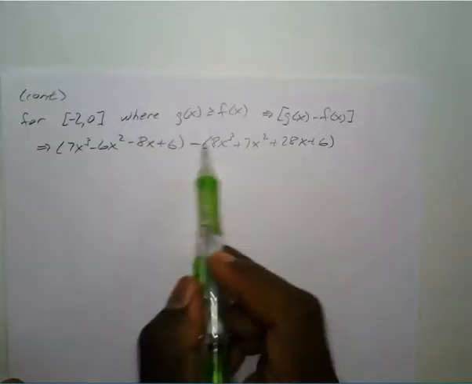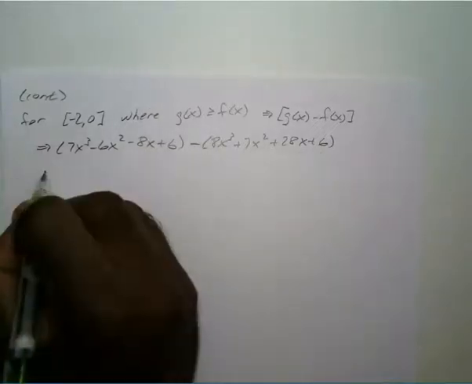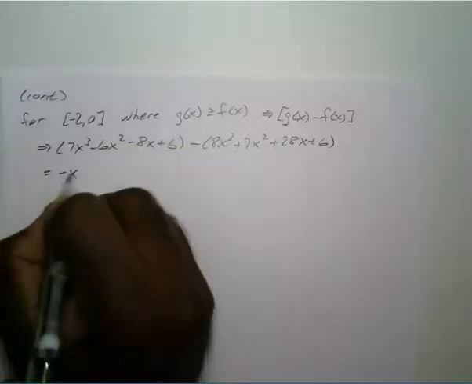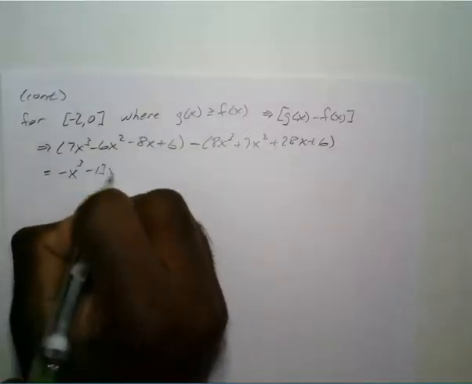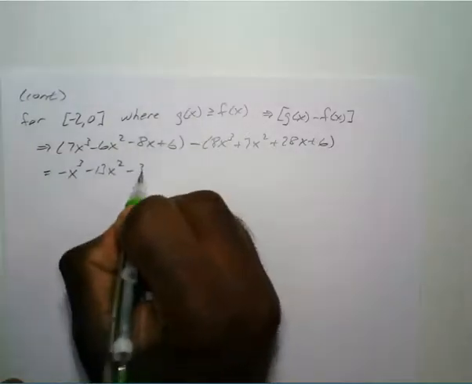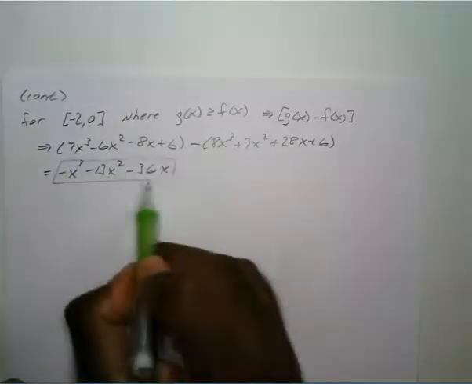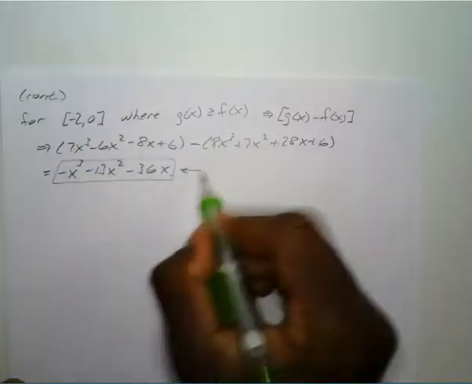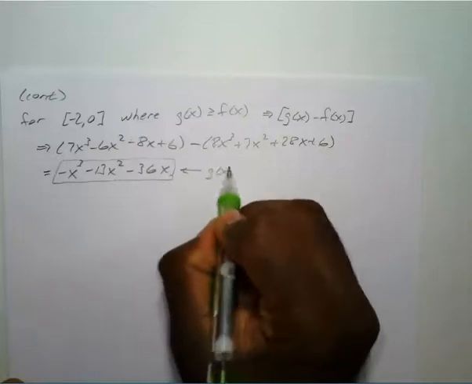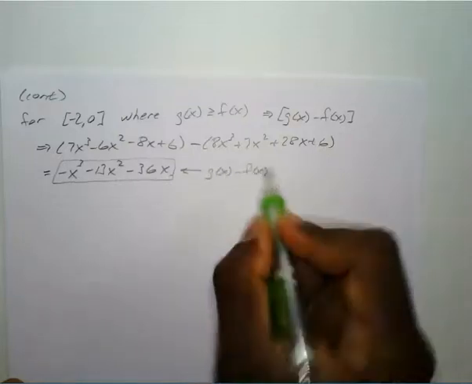Okay. Now once we distribute our negative and combine like terms, that will equal -x to the third minus 13x squared minus 36x. Remember, that's just your g of x minus f of x.